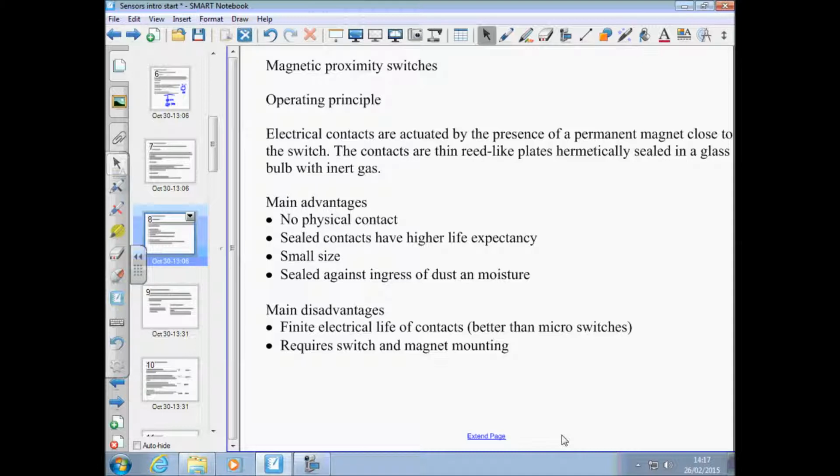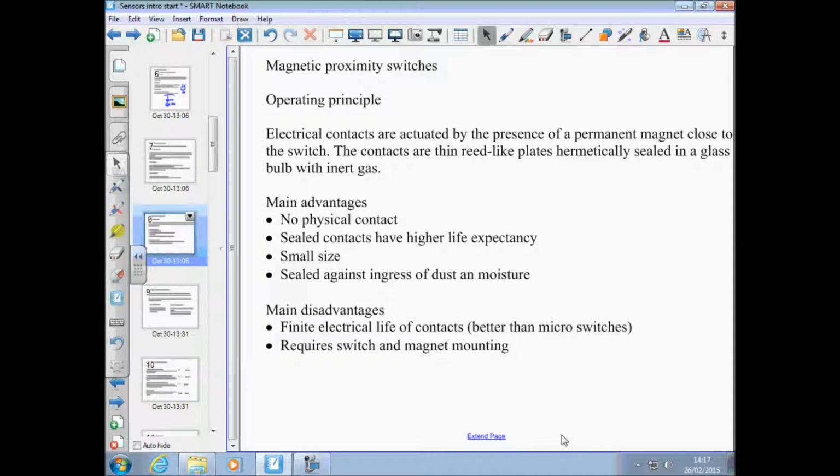Magnetic proximity switches. Similar principle, operated by the presence of a permanent magnet close to the switch. These aren't electronic. They've got a reed switch in them, that has thin reed-like plates. They're sealed in a glass bowl with an inert gas, so they don't corrode really. There's no physical contact with these.